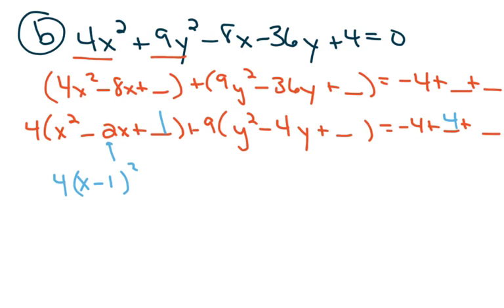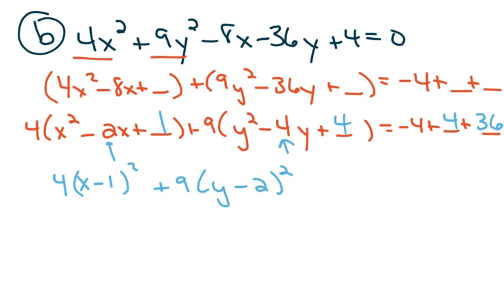The second trinomial, when you take the middle term divided by 2 and square it, you get 4. But the number that goes on the right-hand side is going to be 36, because you have to multiply back the 9 with that final term that really got factored out, even though we didn't know what that term was yet.